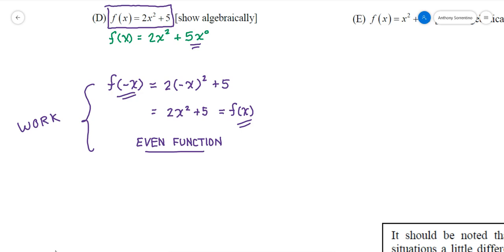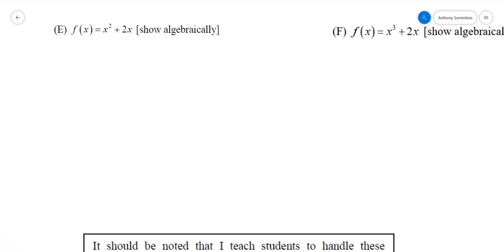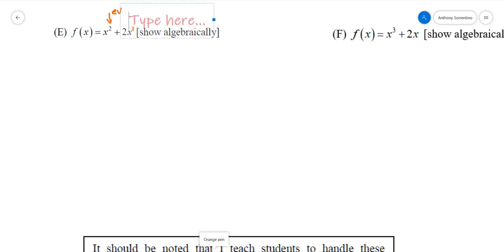Let's look at part E. Now, as I look at part E, this f of x, I can think of this as being x squared plus 2x to the first power. I have an even exponent and I have an odd exponent.